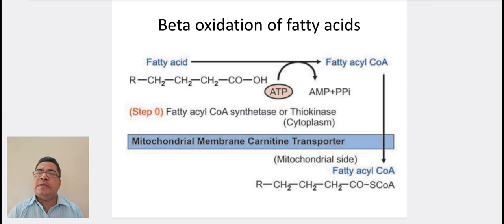In this diagram, we can see beta oxidation of fatty acids. A fatty acid is converted to fatty acyl CoA by the enzyme fatty acyl CoA synthetase or thiokinase, with conversion of ATP to AMP plus PPi. Then this fatty acyl CoA is transferred across the mitochondrial membrane to the mitochondrial side.